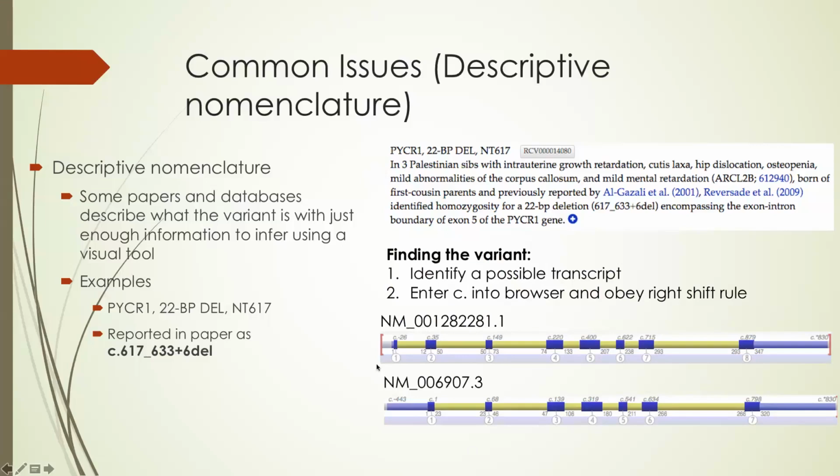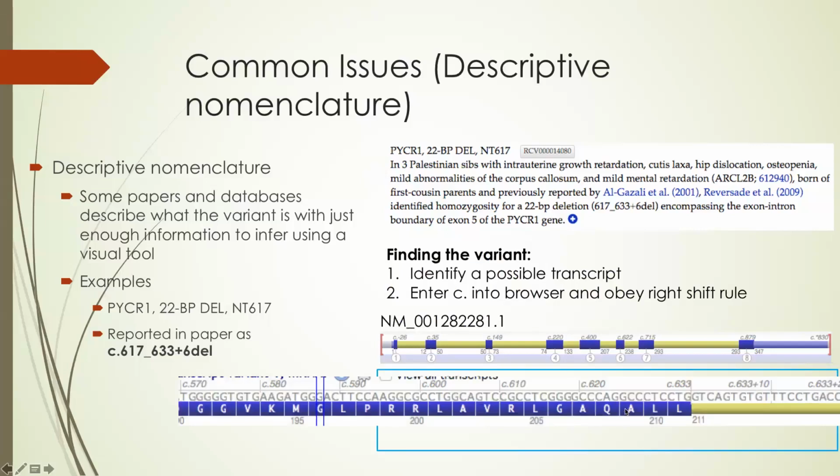So then I usually go to the next transcript, and since this is the beginning of exon 6, the end of this exon is nucleotide 633. So we can select this transcript and take a closer look and ask, where does this deletion start? Where does it end?